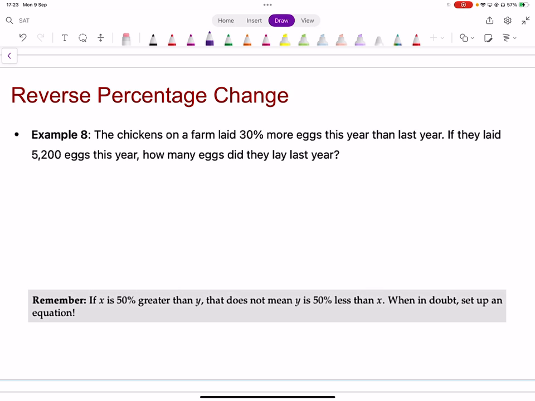What's your base value? The base value is last year, right? That is unknown. We don't know what that is. How many eggs did they lay last year? That is what we want to figure out. We can call that X.